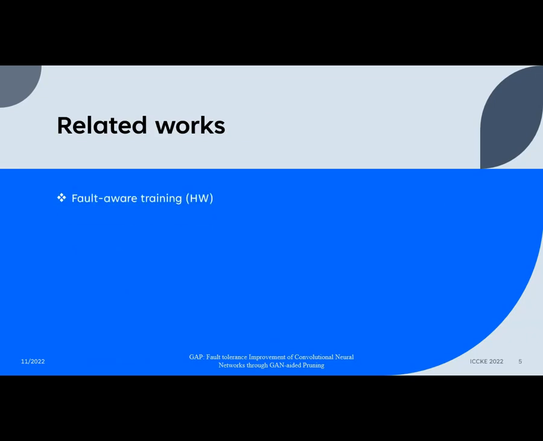There is a rich body of literature seeking to improve the fault tolerance of neural networks, some done at the hardware level and others at the software level.